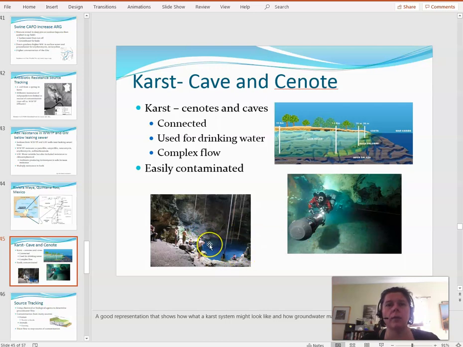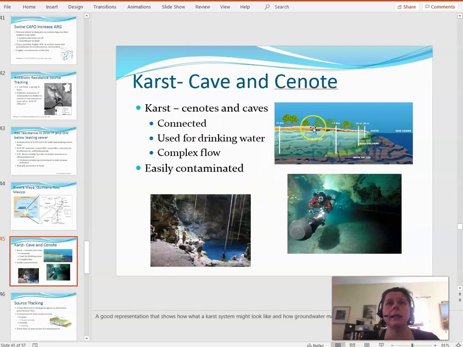So this is a drinking water supply for a city. This right here is a pipe that goes into the water and pipes it for the local town. These other things are root systems for the plants. And you can see all the tourists having fun playing around inside of this water.